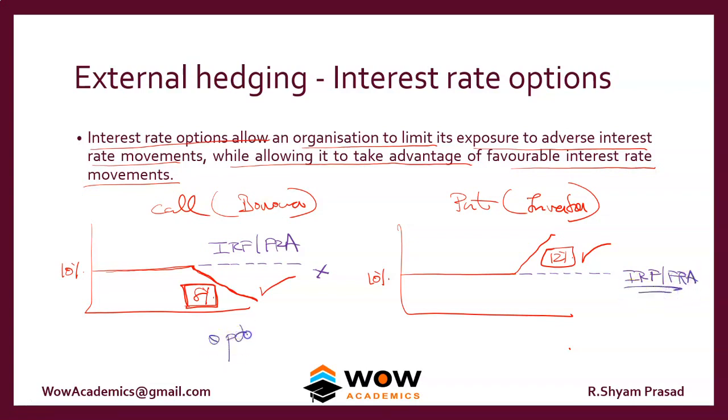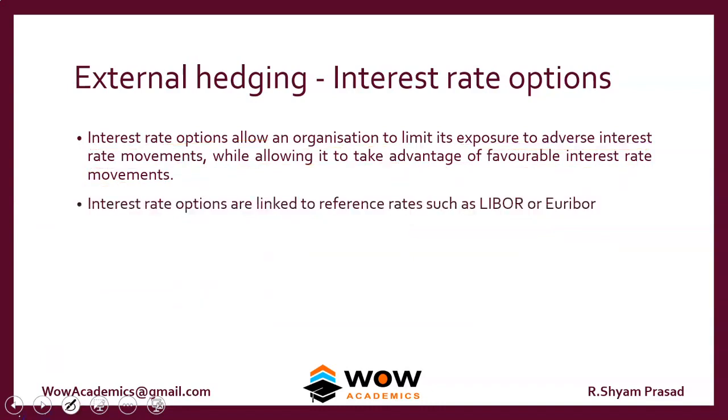Options are the ones which let you limit the exposure to adverse interest rate movement and at the same time take advantage of favorable interest rate movements. This is a very important topic from the exam point of view. Try to ensure you understand this.